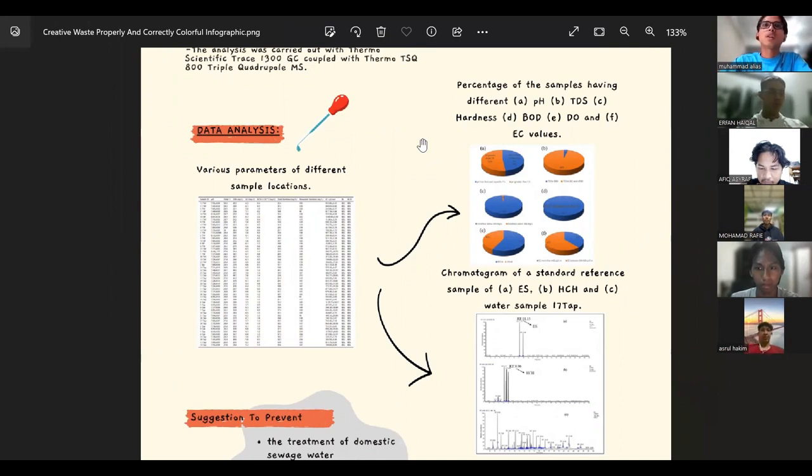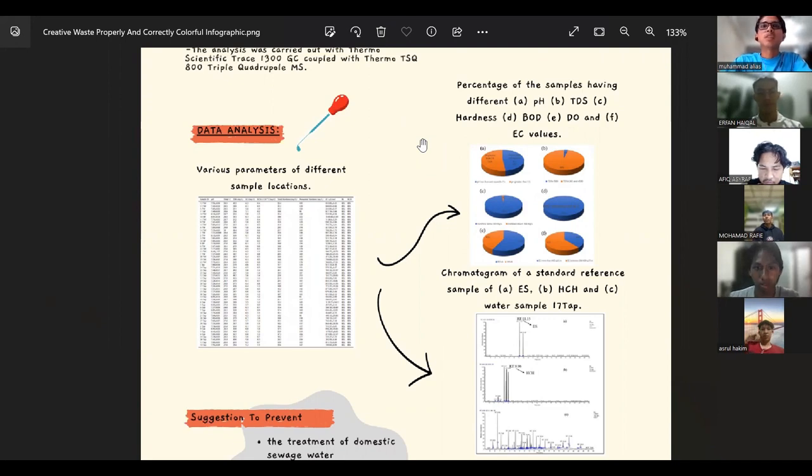The first parameter is temperature. All of the water sources sampled, the tap water, tube well, and hand pump, were found to lie in the range of 25 to 30 degrees Celsius.